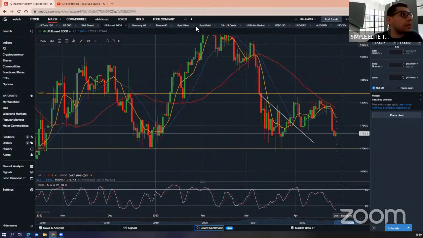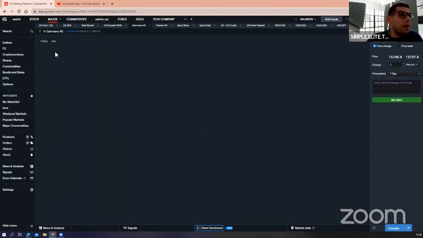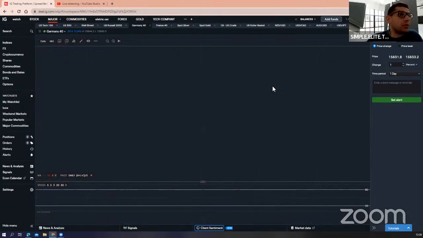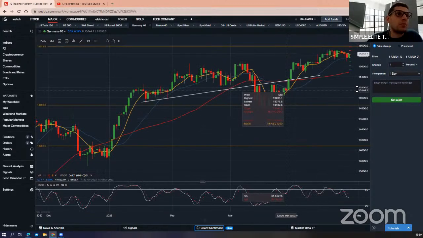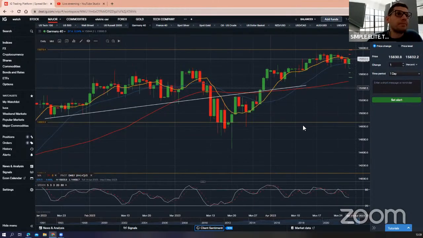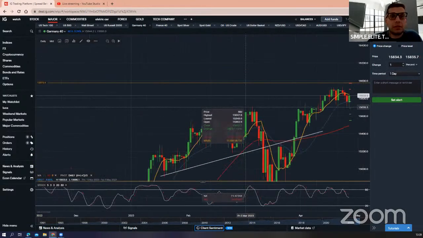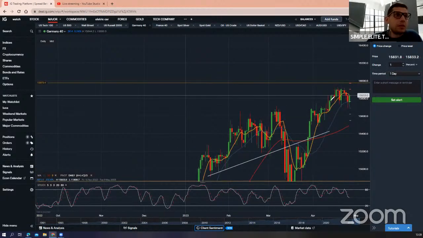We saw that on European indices there was some bullish movement this morning. The German 13 is almost approaching the all-time high, which is this level 1,600, and price is ranging here at the moment.